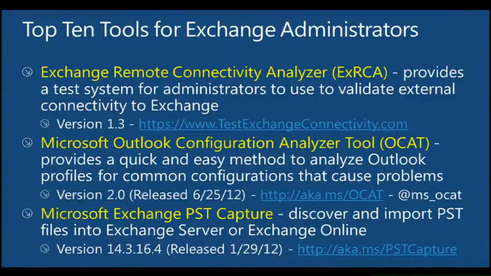So now instead of having to wait till later on that evening, the administrator can go to the website, www.exrca.com, put in information, choose the test that they want, and start testing things like Outlook Anywhere connectivity, auto-discover, inbound and outbound SMTP, web services, single sign-on with Office 365, and many, many other tests as well. So this is an excellent tool for validating external client connectivity without having to leave the office.